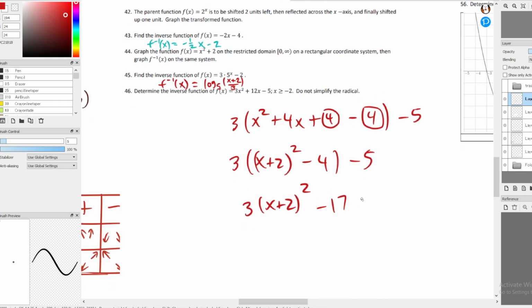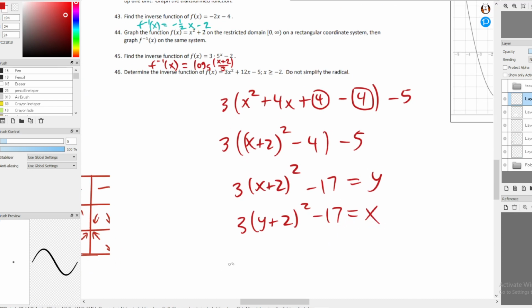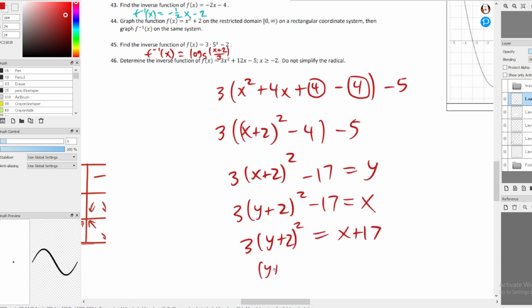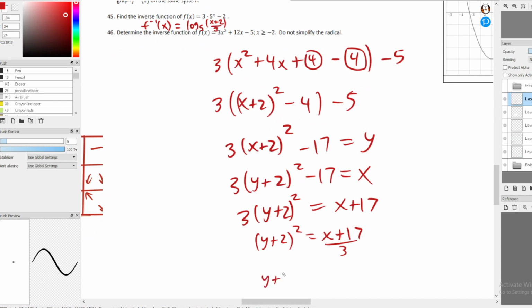Yeah. And then now we can swap our x and y. So we get 3 times y plus 2 squared minus 17 equals x. We need to solve for y, so I'm going to add 17. So I have 3 times y plus 2 squared equals x plus 17. Divide both sides by 3, so you get y plus 2 squared equals x plus 17 over 3. We need to square root both sides, so you get y plus 2 is equal to plus or minus this.